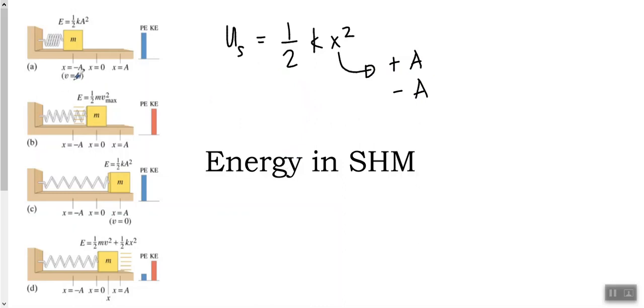So we notice that the velocity there is 0, but then the restoring force is at its maximum. Therefore, if the restoring force is at its maximum, which is directly proportional to the acceleration, the acceleration is at its maximum as well. And if the acceleration is at its maximum, the velocity there is at its very minimum, which is 0.